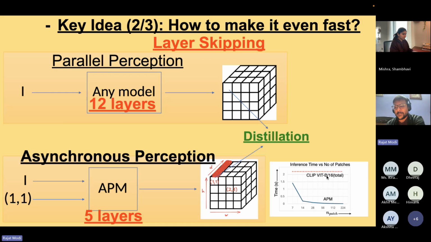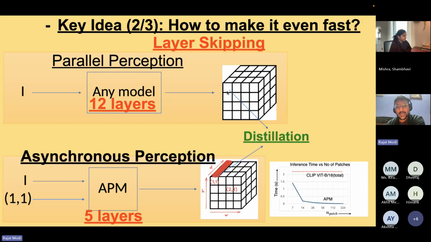In a CLIP ViT-B16, it takes 2.2 seconds for inference. But in the case of our network, because you are querying each location in parallel, all these locations become the batch dimension. There are height into width such queries, and it takes around 0.02 seconds, which is basically a thousand-fold speed up in time as compared to the parallel perception which a normal transformer was doing.